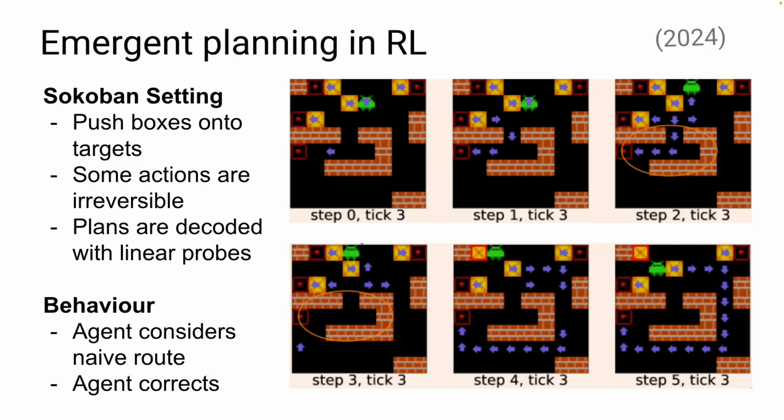You may or may not have played Sokoban before, but the levels look a little bit like this, some sort of grid world. As an agent, you have to push the boxes, those yellow boxes, onto the targets, those red targets. And it's important to note that in this game, some actions are irreversible. So if you push a block onto the top of the board, there's no way to get it down again. You can't push it back off the top of the board.